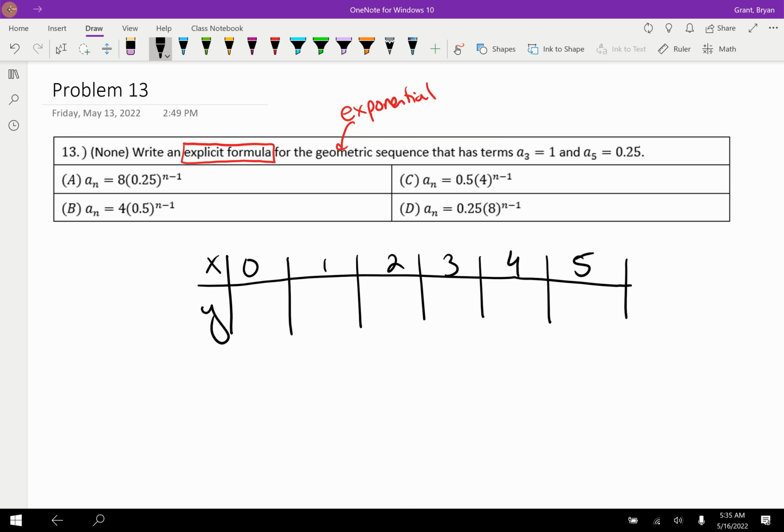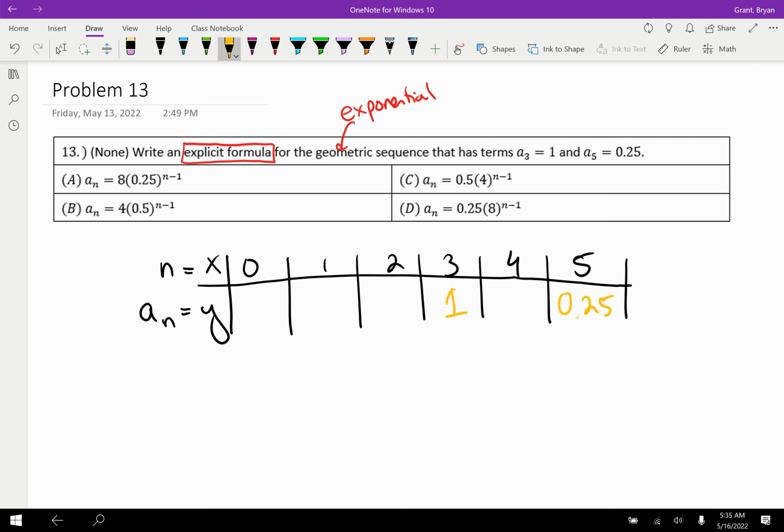Well, I have y here, but they're using this a sub n as our output. Just think of that as y, but I'll put a sub n down here not to confuse you. And then same thing for the inputs. It looks like they use the letter n instead of x, but same idea here. We know that when n is 3, a sub n is 1, and when n is 5, a sub n is 0.25.